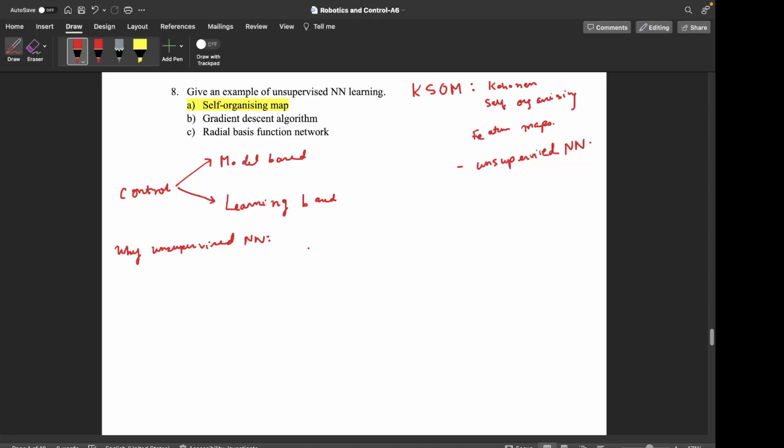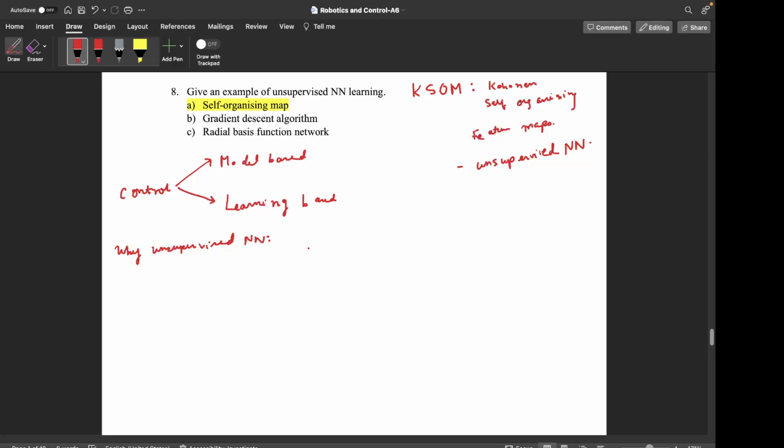In this case, you would need that, okay, if the finger is in this position, then the joint angles are this, right? And for this itself, you would need forward kinematics and inverse kinematics, and that's the thing itself that we are trying to avoid, right? So supervised learning is not possible here, right?